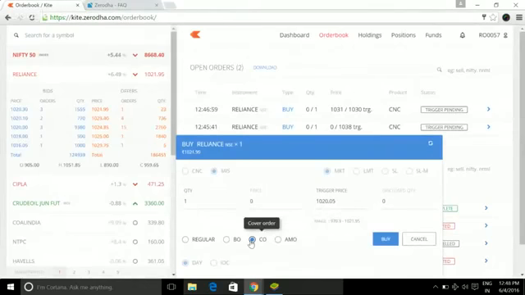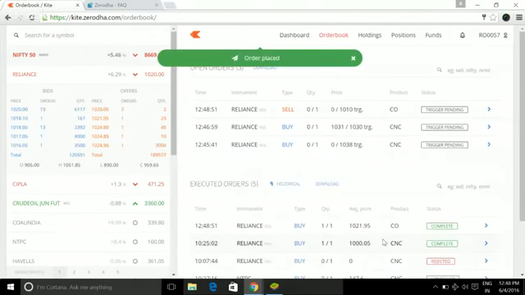Now, in a cover order, when you're buying, you're telling us a fixed stop loss. For example, you're buying Reliance right now at market price, and you're telling us that you will have a stop loss of 1010, and say you place a buy, right?